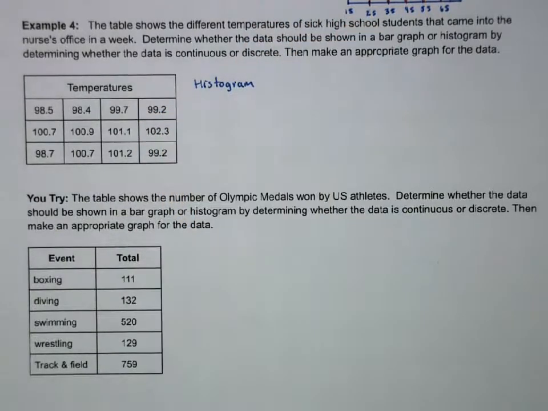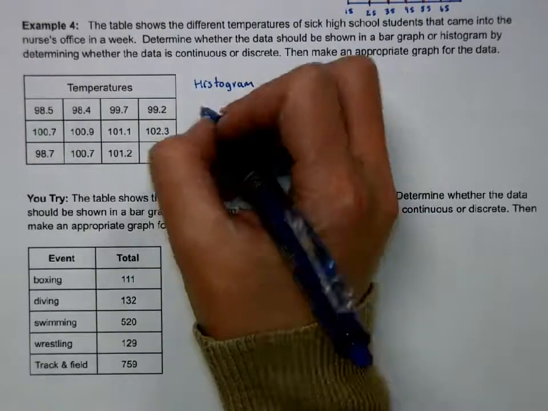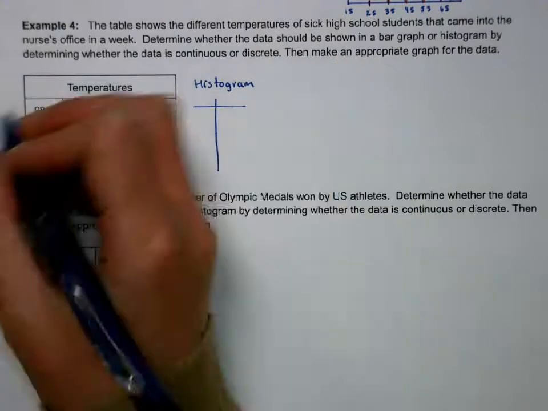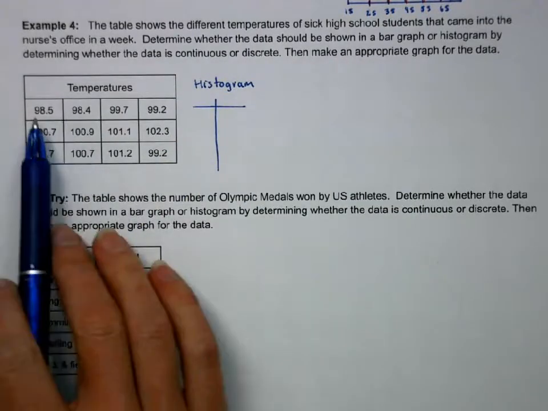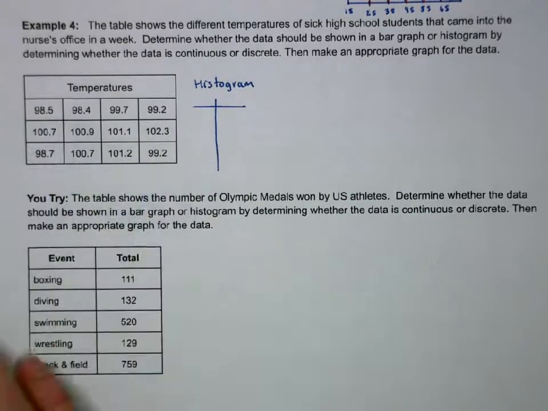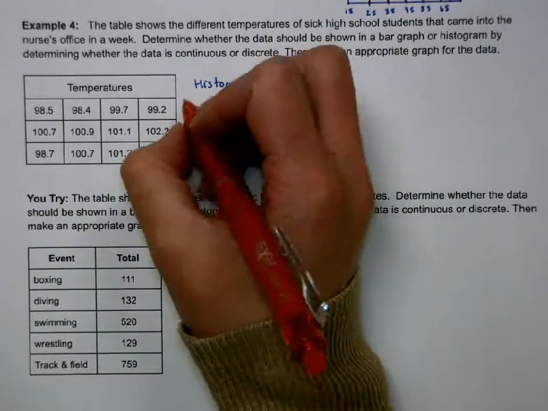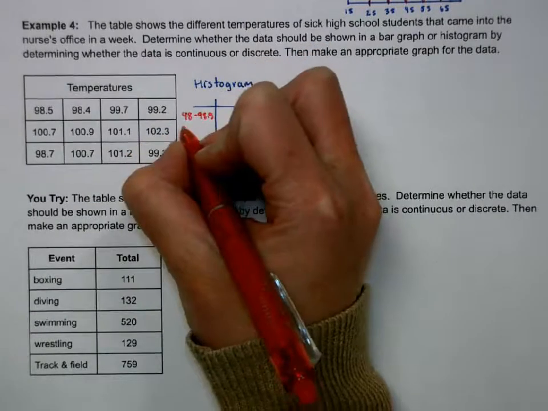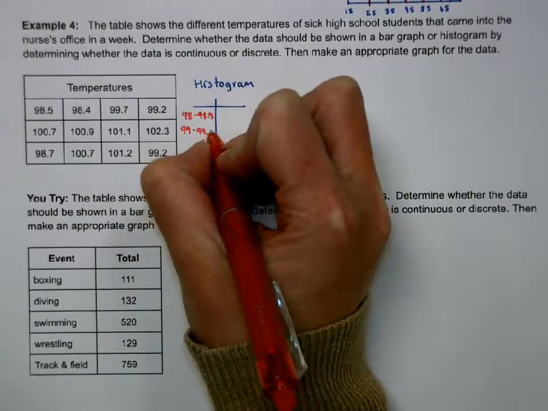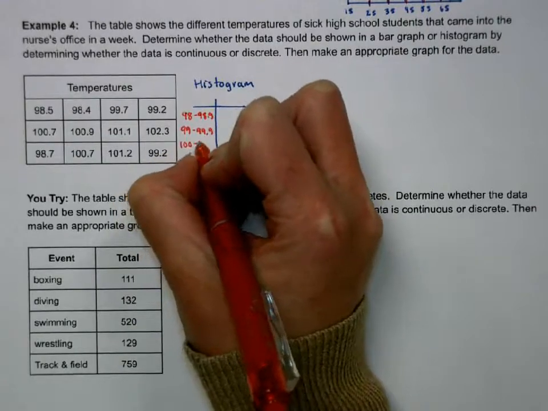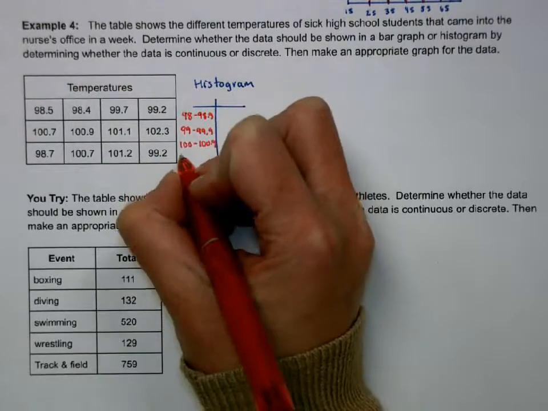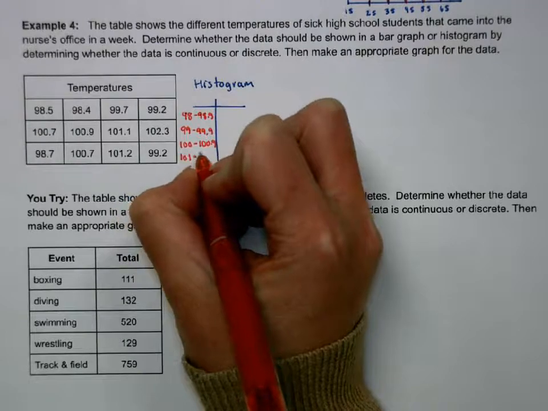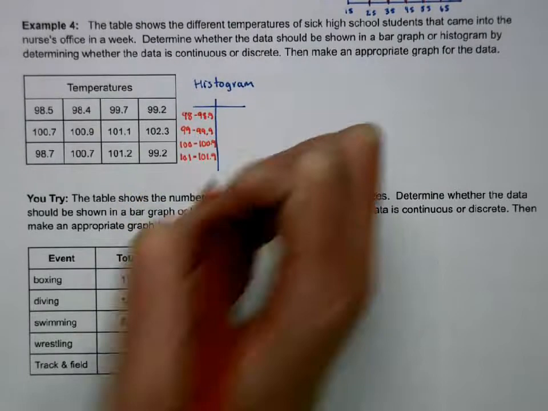To do that, I'm going to organize the data. Looking at this, we've got a range from 98 to 101 or so. So for my groups, I'm going to go from 98 to 98.9, 99 to 99.9, 100 to 100.9, 101 to 101.9, and we don't have anybody of, oh, we do have one.